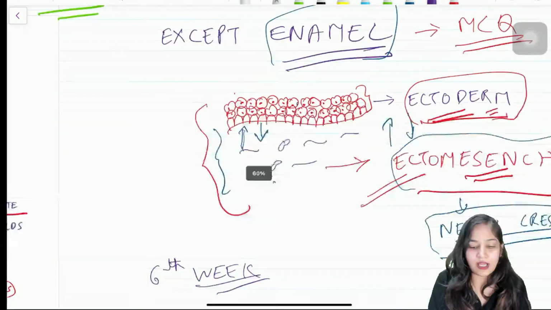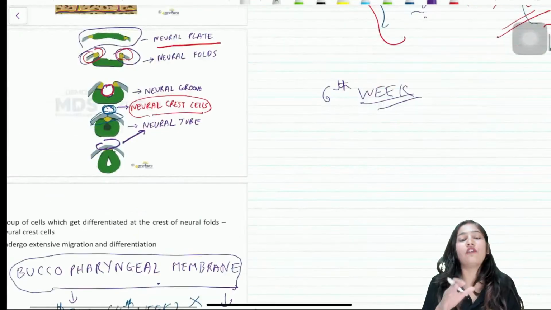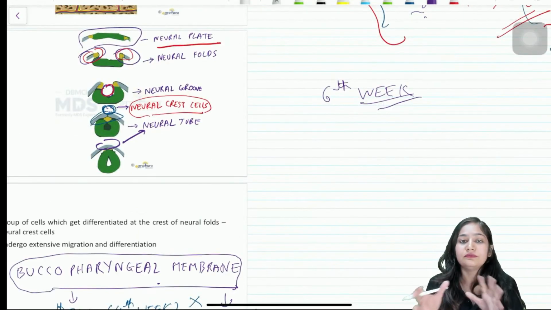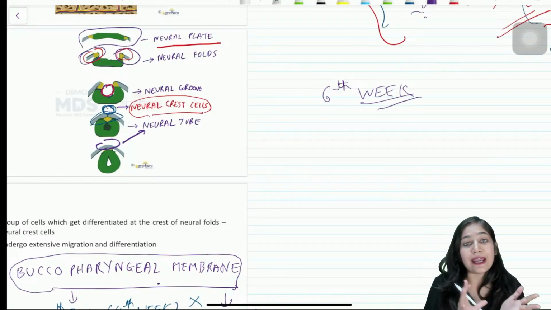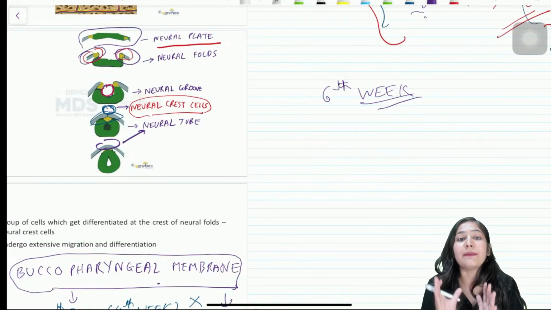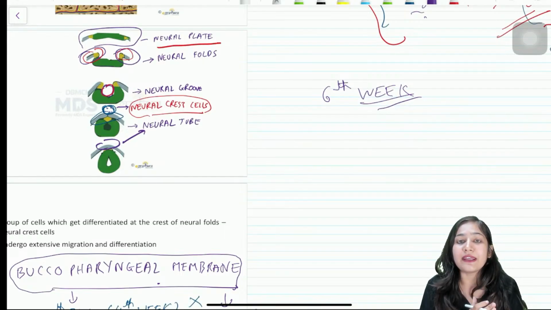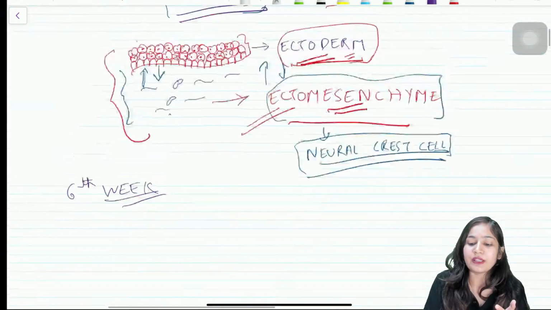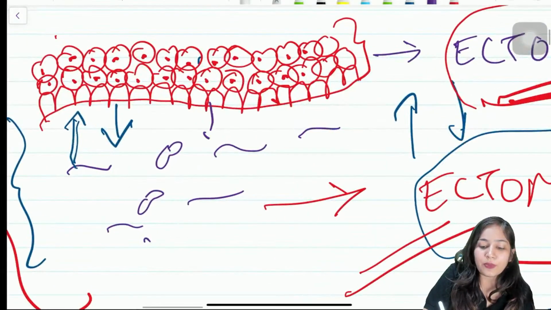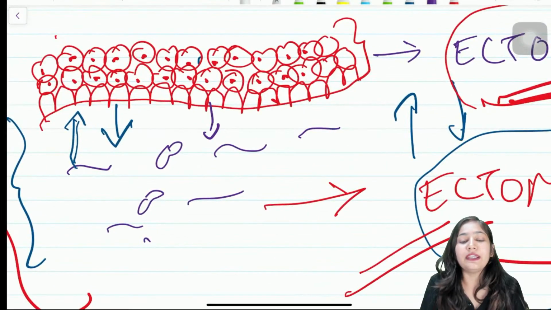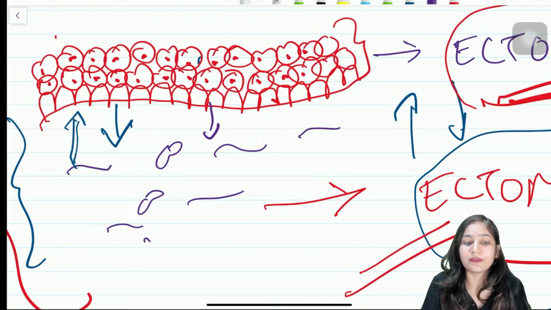Okay, Ruhani. I will explain again. We have discussed the buccopharyngeal membrane. It is a barrier between ectoderm and endoderm. But about the 27th day of gestation, this barrier will break and the ectoderm will come in contact with the ectomesenchyme, leading to the formation of tooth.